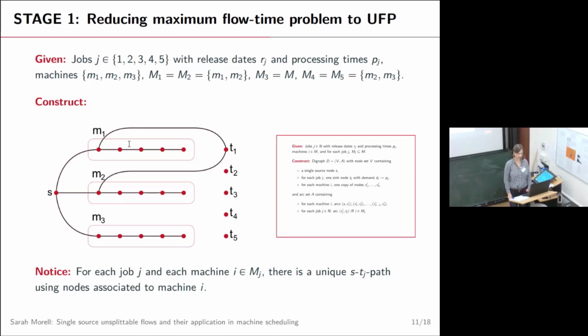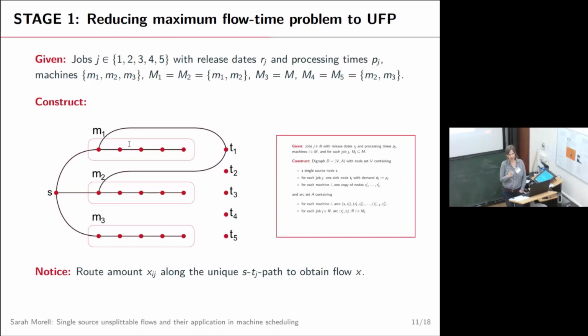So for each job j and each machine i, so for all x_ij that could possibly be positive, there is a unique path. So this translation from our solution of the LP relaxation can actually be done quite straightforwardly. The amount x_ij, which is the amount job j spends on a machine, is routed along this unique S-T_j path. Any questions so far?